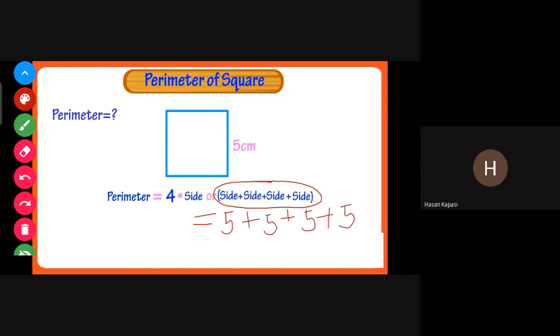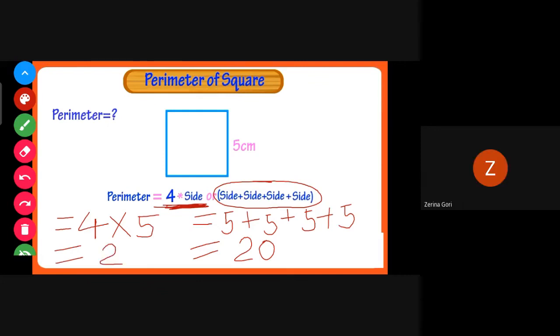And if we want to solve using 4 multiplied by side, how will we write? 4 times 5 is 20. So you can see using the shortcut also the same answer, and using the original concept that perimeter equals the addition of all the sides. Ma'am, here we write perimeter of square 4 multiplied by side.